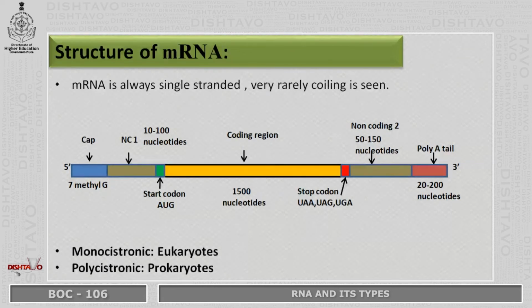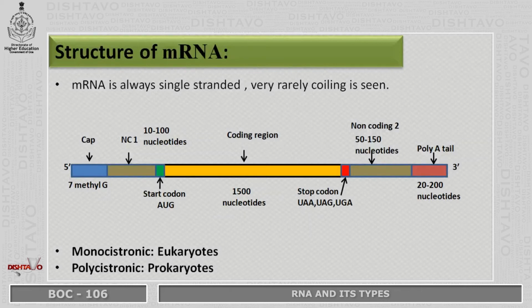Here, in case of eukaryotes, we refer to mRNA as monocistronic because this coding region codes for only one type of protein. But in the coding region of prokaryotes, there are spaces in between, and during the process of translation, they end up forming different types of proteins.